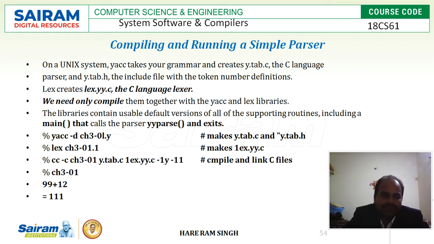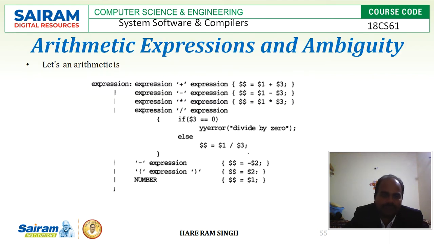First of all, we should compile with Lex and Yak, which will generate the C files. Then the C files will be compiled with the C compiler. Then they will generate the executable, in which we enter the input and the value will be calculated.